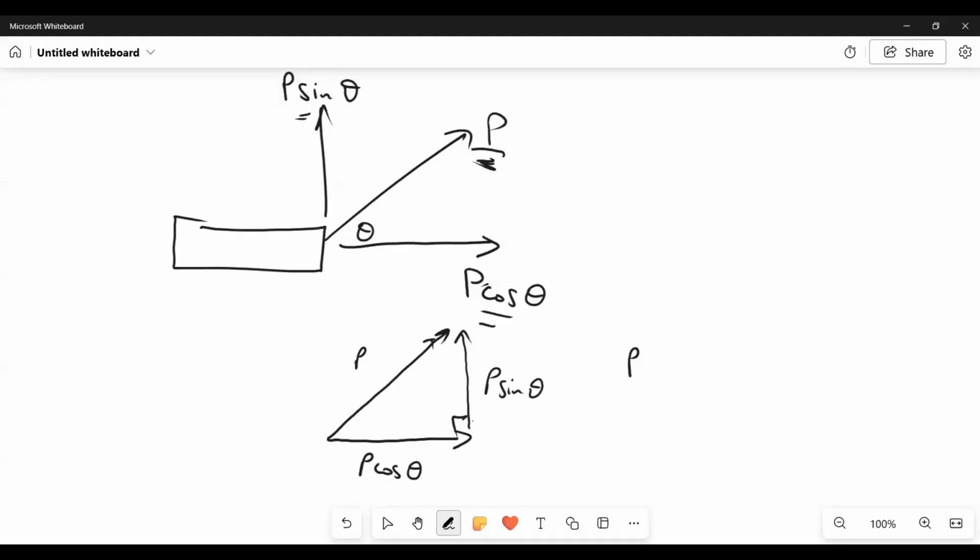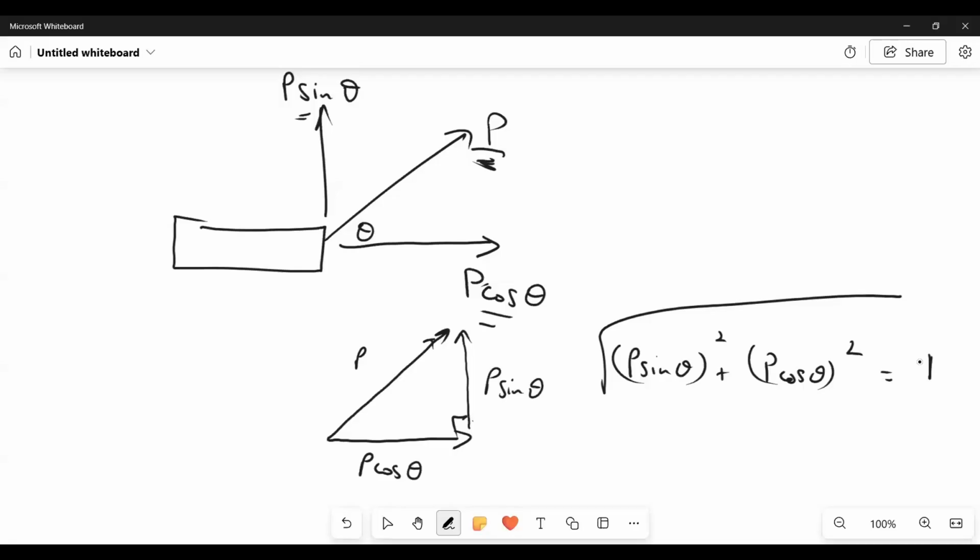So the square root of P sine theta squared plus P cos theta squared is equal to P. And when we simplify it, you get the square root of P squared sine squared theta plus P squared cos squared theta equal P, right?